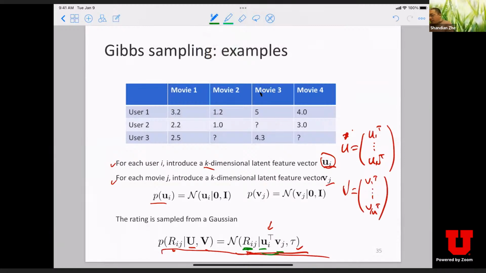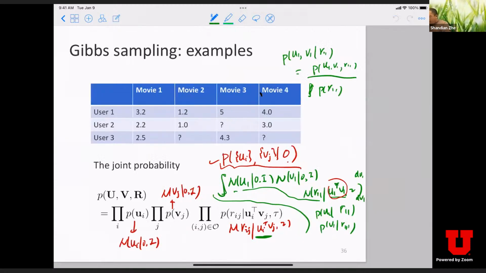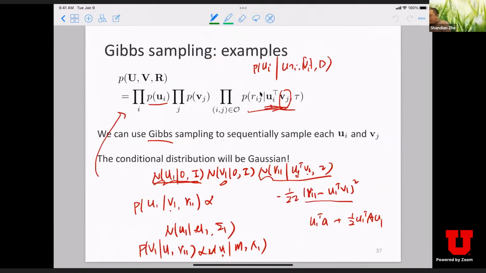Even if you use a Gaussian prior over each user representation and each movie representation, you find that you are not able to exactly compute the posterior. The reason is that you multiply two Gaussian vectors together, and it won't give you a Gaussian. You can try that. I've tried numerous times. It won't work.